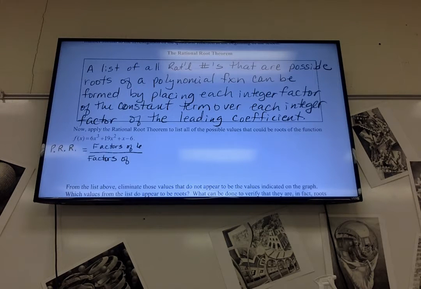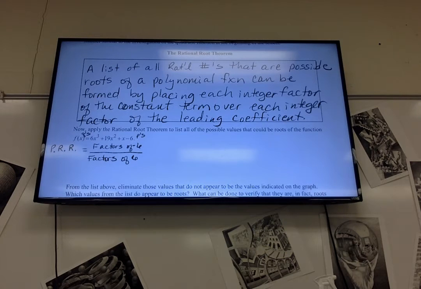So in this case, that is, oh, I did that backwards. Sorry, on top it should have been the factors of the constant. And on bottom it should have been the factors of the leading coefficient. Sorry, always saying that backwards. So our P's are the factors of the constant, and our Q's are the factors of our leading coefficient, putting our P's over our Q's.